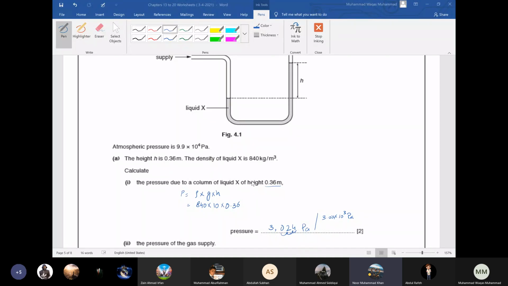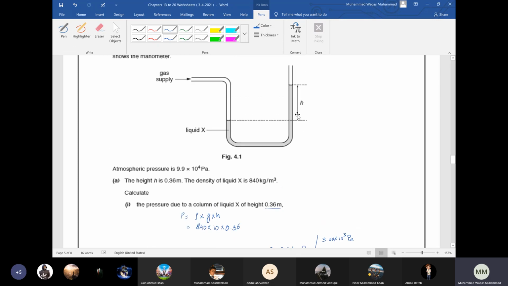Sir, it will increase. Left side will go down. Yes. Beta, basically see, when more dense liquid is used, the height difference, what will happen to that? Sir, it will decrease, because the pressure difference is the same.